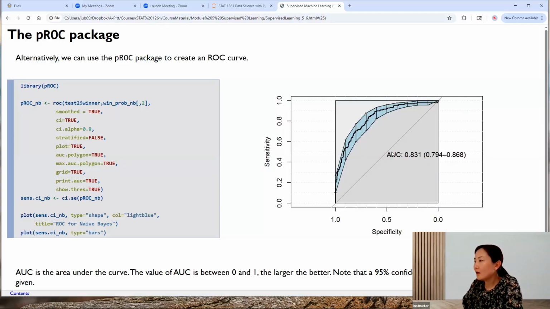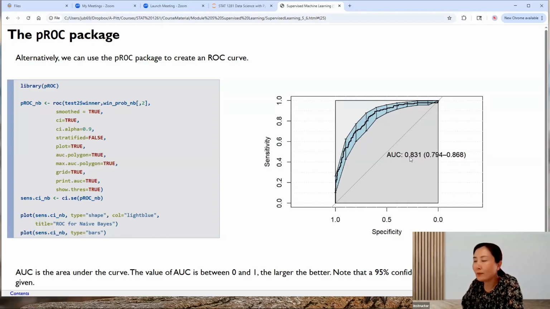So this is an ROC curve for the random forest. No, sorry, this is for the naive Bayes. So it automatically calculates the area under the curve for you, like 0.831. Okay? The maximum is 1. 1 times 1 is 1.